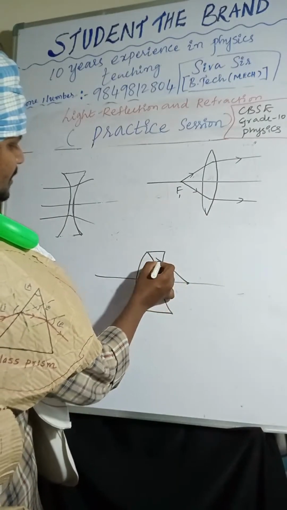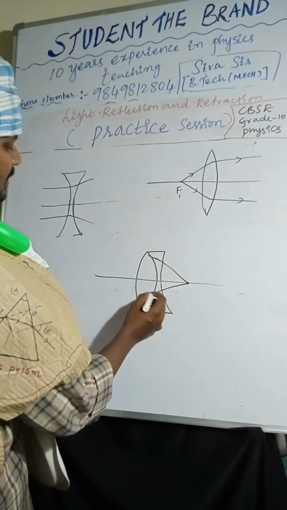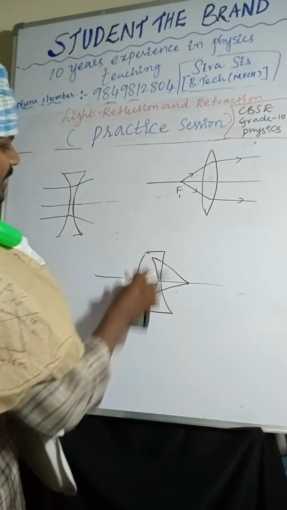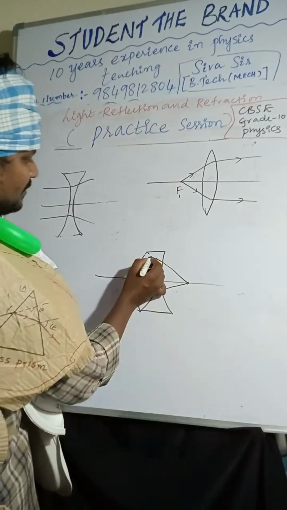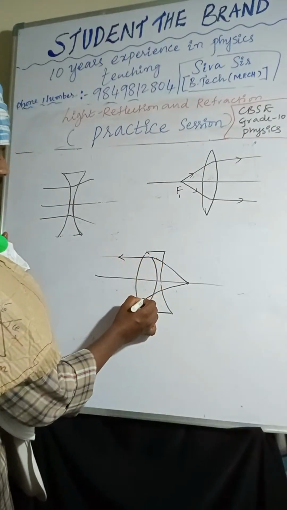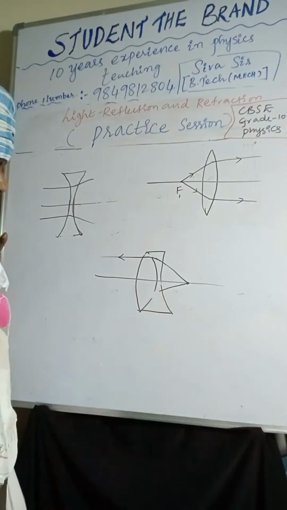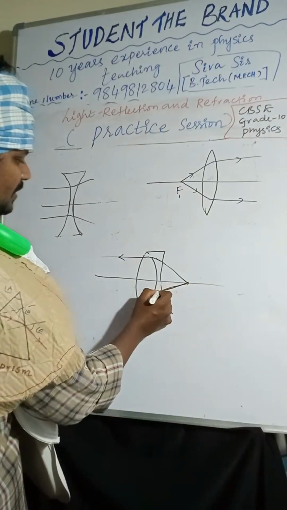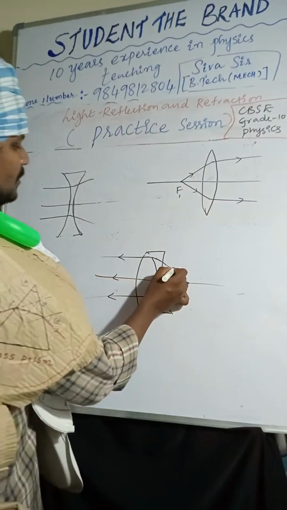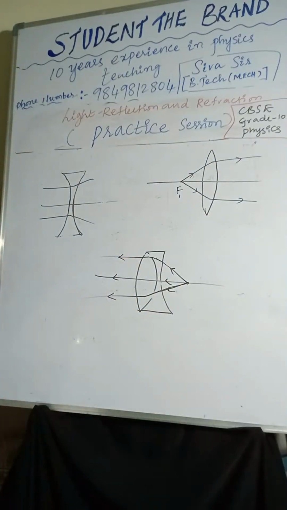It will diverge the light rays. Because of the curvature, after coming through this surface, and here also there is a surface, the light rays will move away from the principal axis.